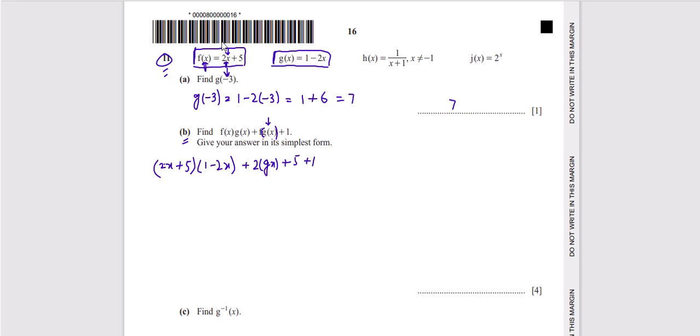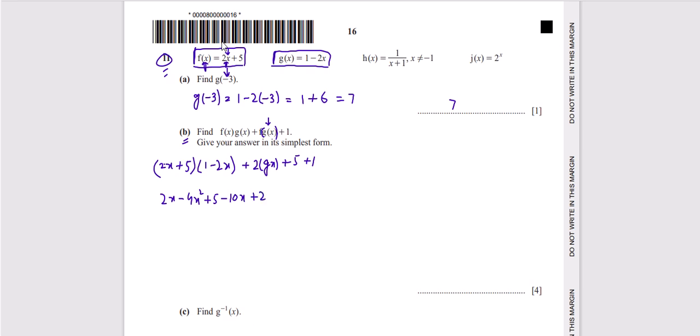Now multiply: 2x times 1 is 2x. 2x times minus 2x is minus 4x squared. 5 times 1 is 5. 5 times minus 2x is minus 10x.